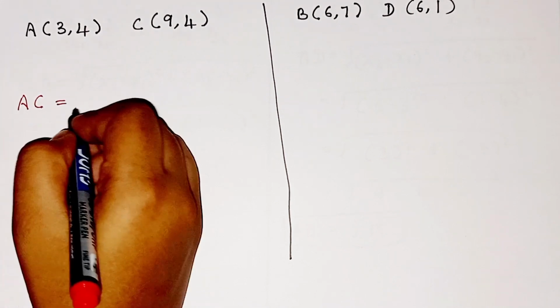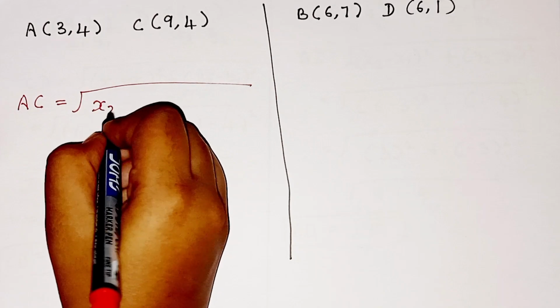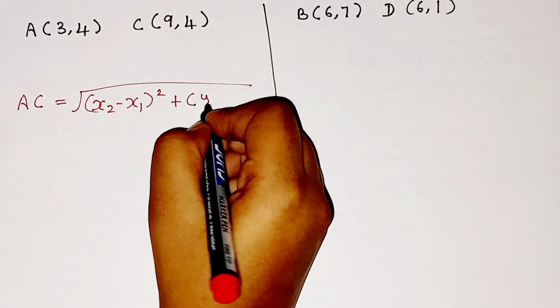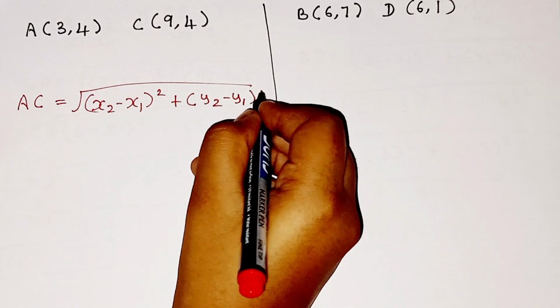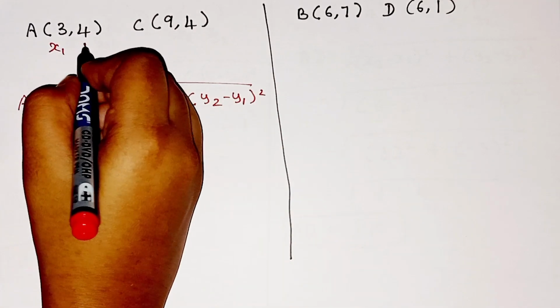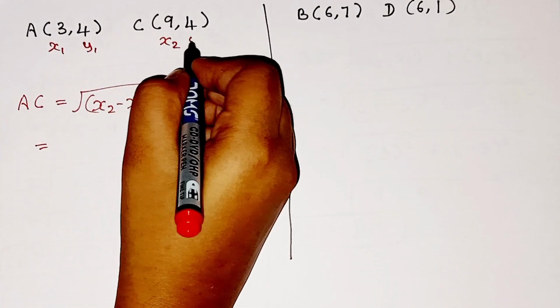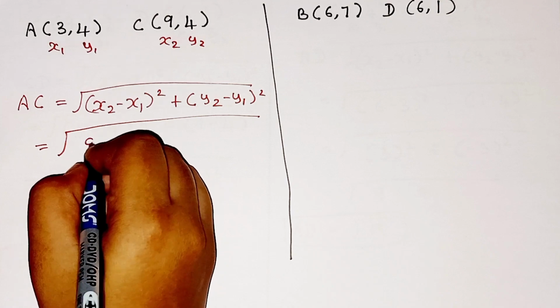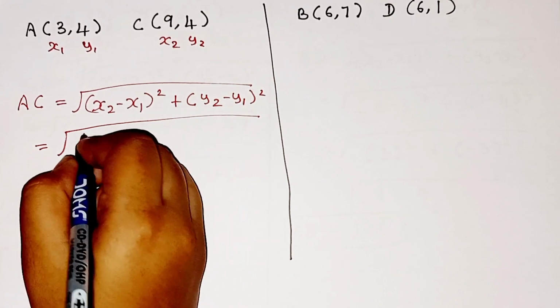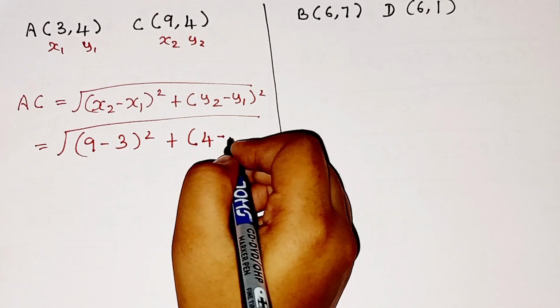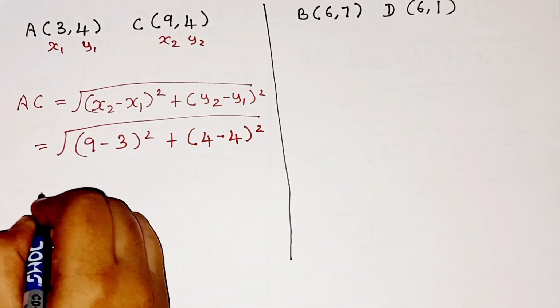AC is equal to the square root of x2 minus x1 the whole square plus y2 minus y1 the whole square. Here this is x1, this is y1, this is x2 and this is y2. So x2 value is 9 minus x1 value is 3 the whole square plus y2 value is 4 minus y1 value is 4 the whole square.